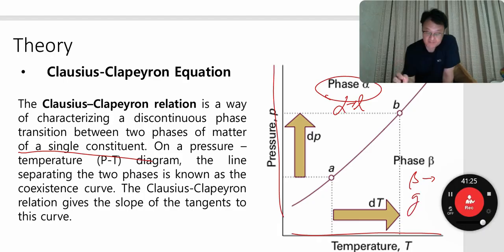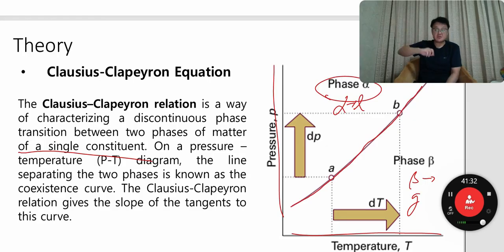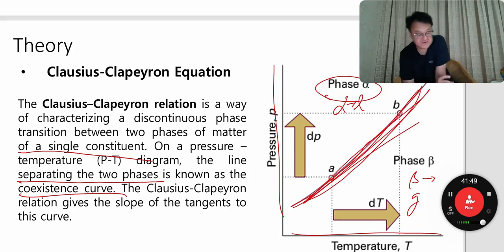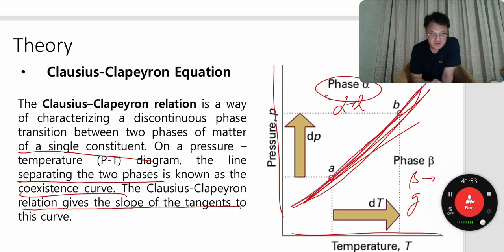You have the boundary corresponding to the equilibrium between liquid phase and gas phase, alpha and beta. On a pressure-temperature diagram, the line separating the two phases is known as the coexistence curve. The Clausius-Clapeyron relation gives the slope of the tangent to this curve.